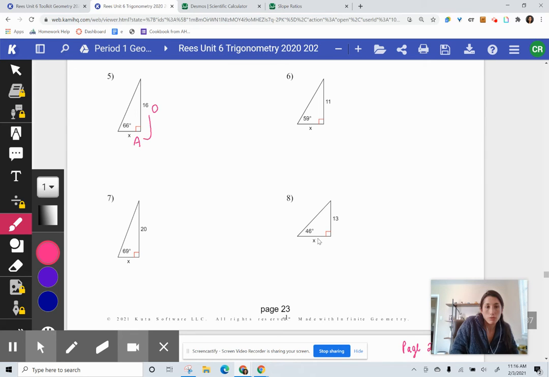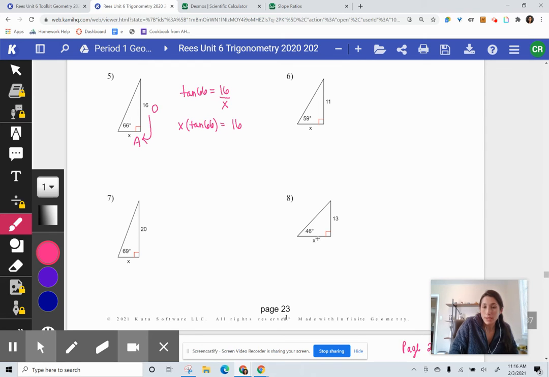It's opposite over adjacent. So I can still say tan, my angle is 66 degrees this time, is equal to opposite over adjacent. When I do a cross product, x multiplies to the tangent of 66, and then that's equal to 16.